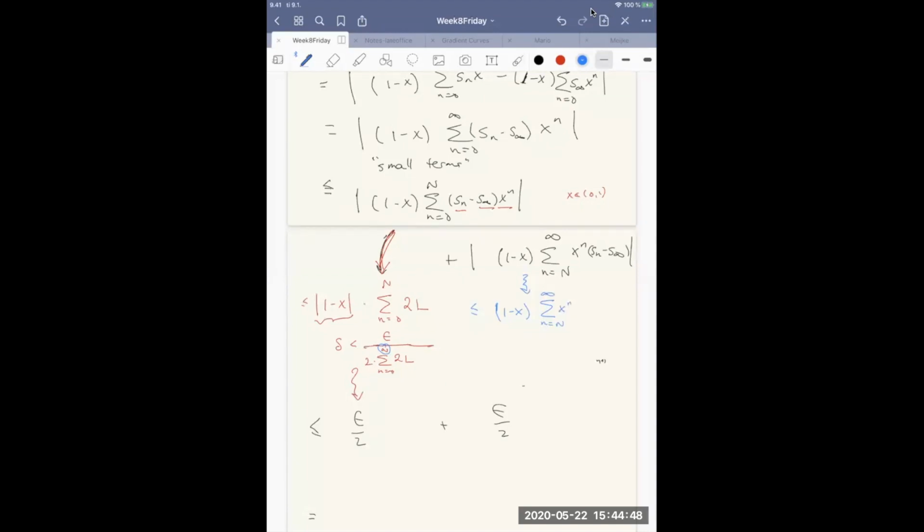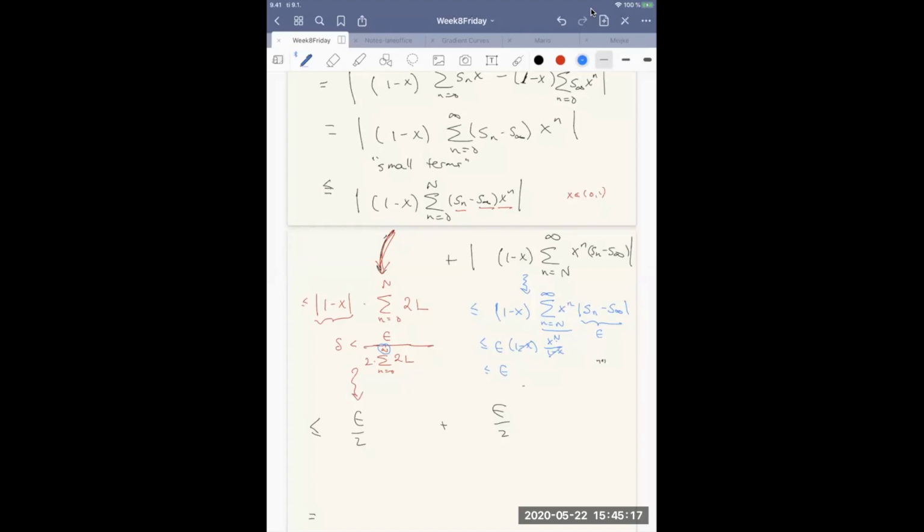When we do that, we get x to the n times the absolute value of S_n minus S infinity. But this expression here, once n is large, is less than epsilon, so this is less than epsilon times 1 minus x times this geometric sum here, which is equal to x to the capital N divided by 1 minus x. And this whole thing is now less than epsilon, because x is in (0, 1).